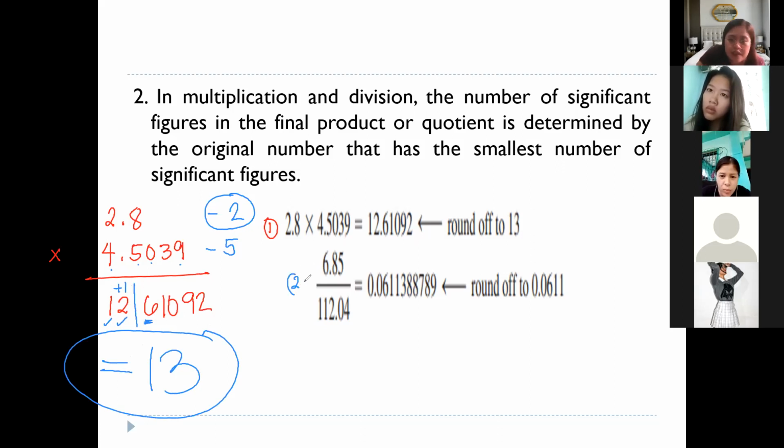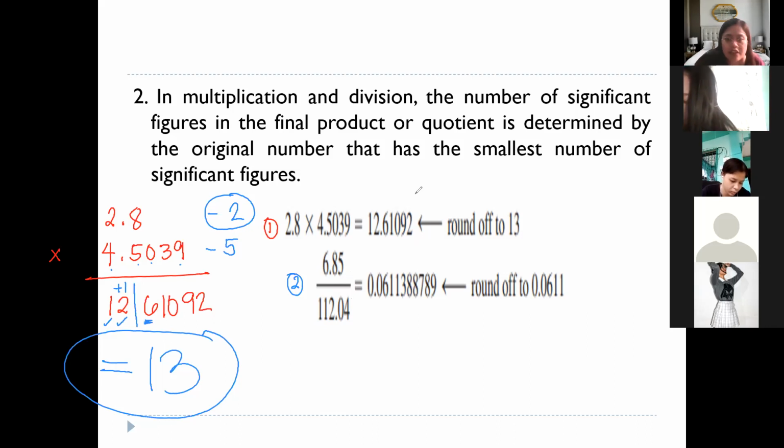This is some example number 2 here. 6.85 divided by 112.04. You can do the math using your calculator. So we have here 6.85 divided by 112.04.